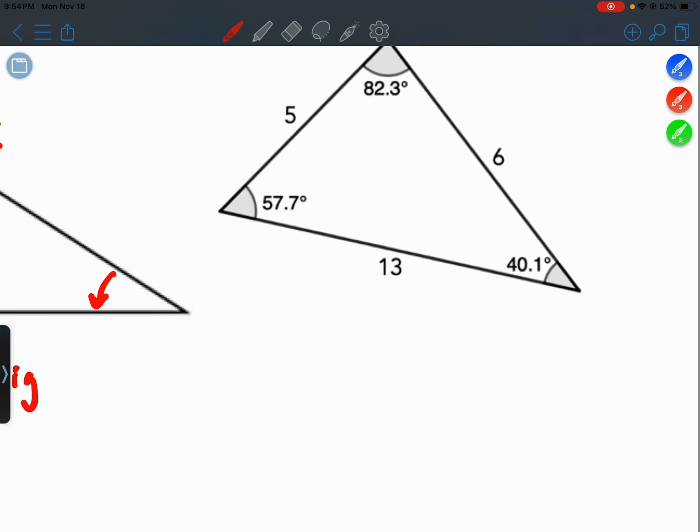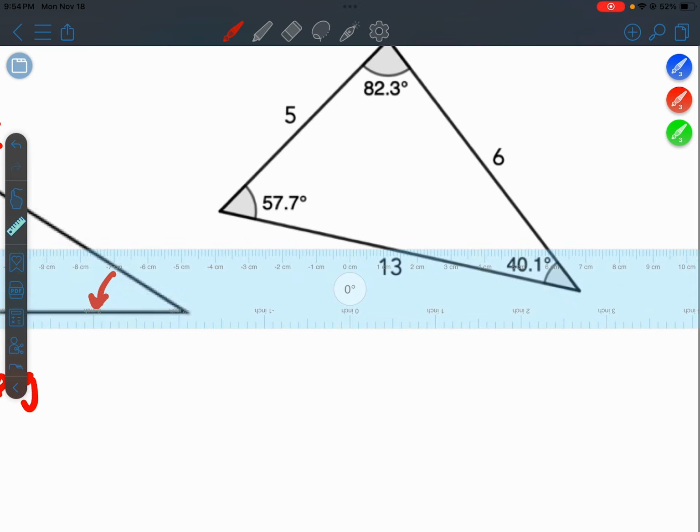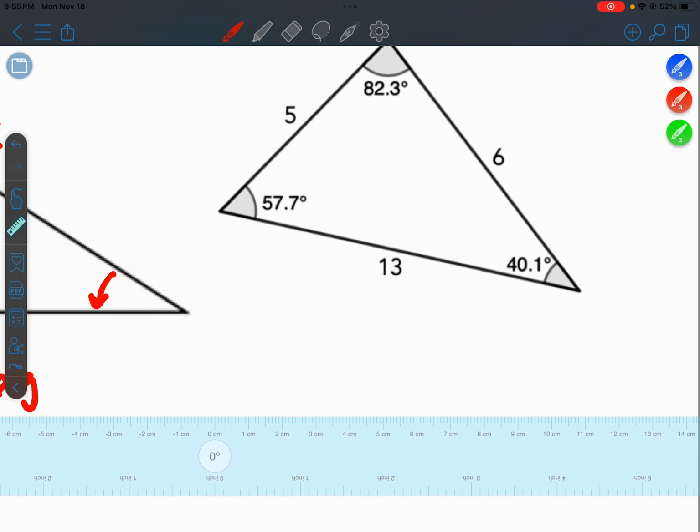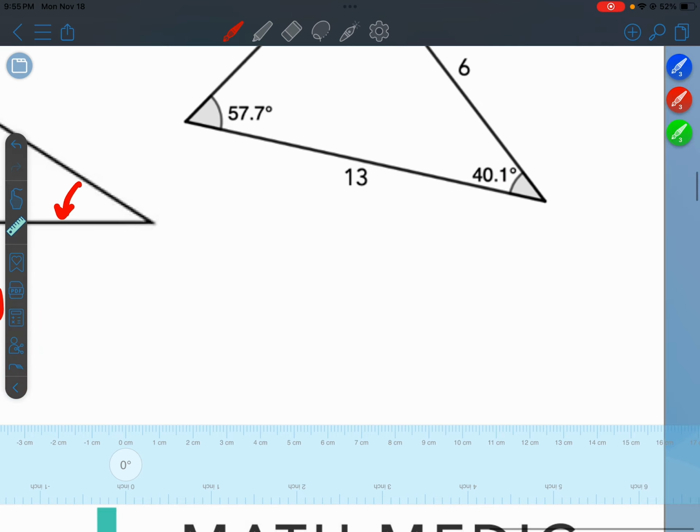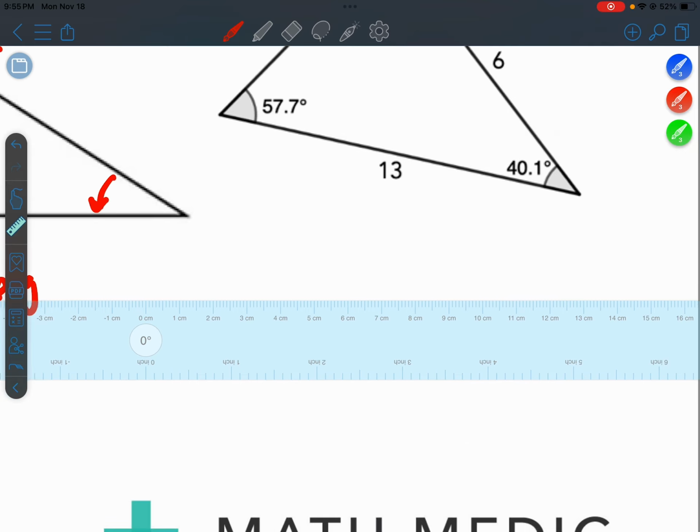Imagine I had some sticks that were 5 inches long, 6 inches long, and 13 inches long. Let's see if we can even create a triangle out of those. I'll do centimeters here: 5, 6, and 13.